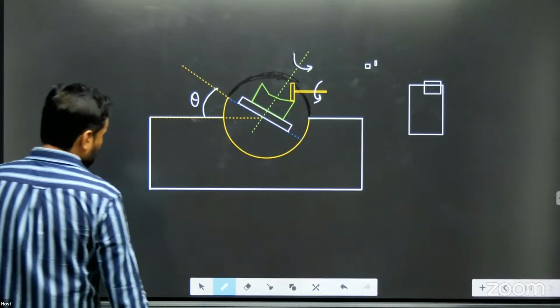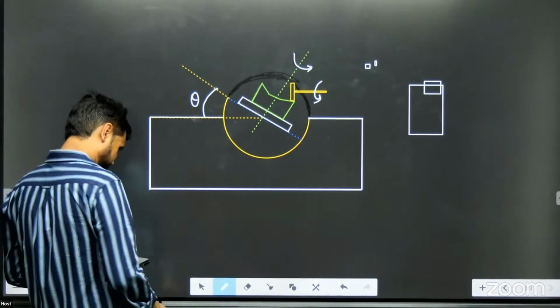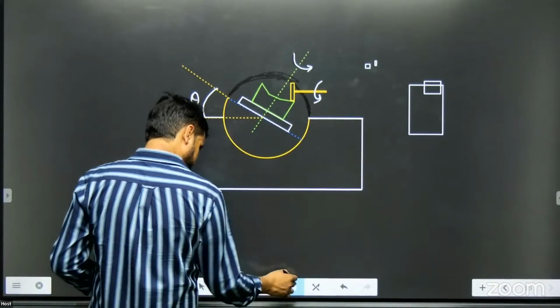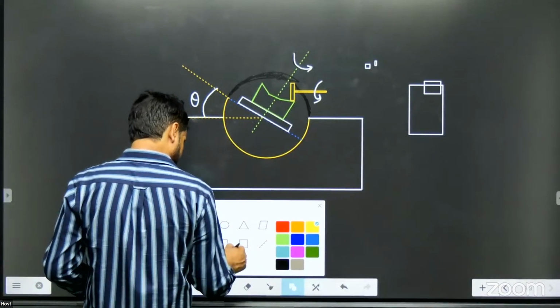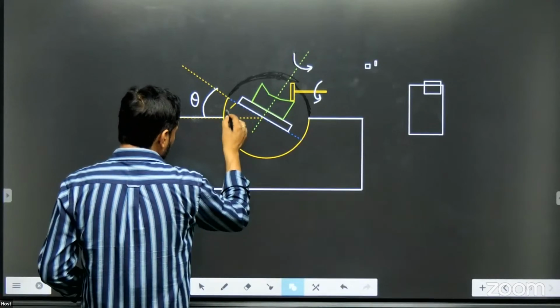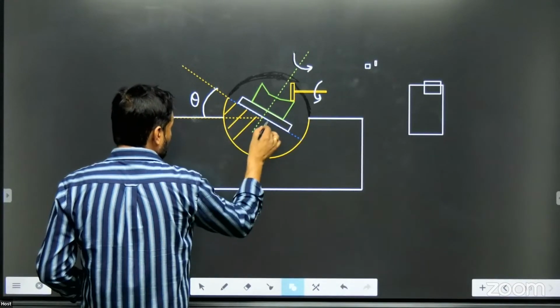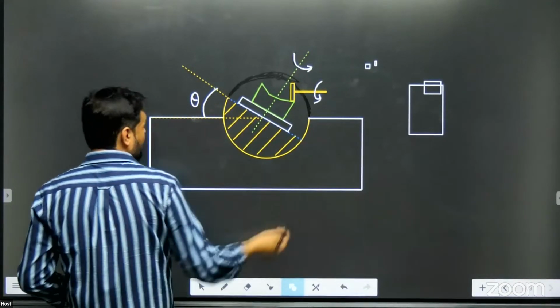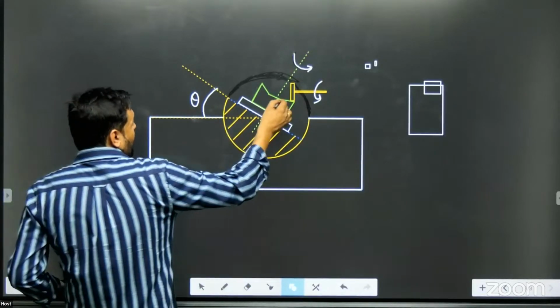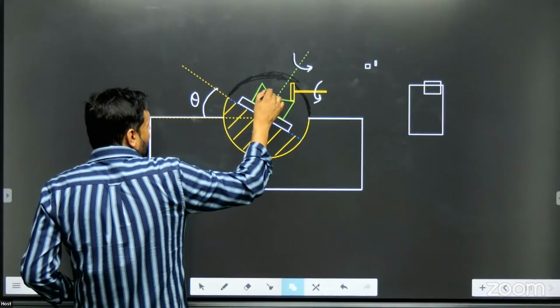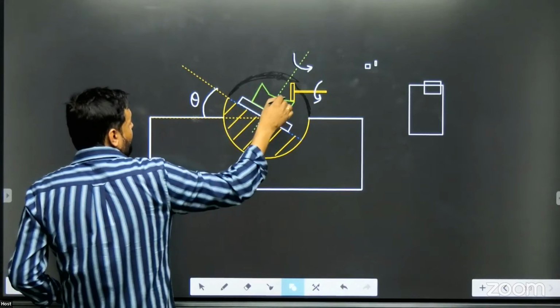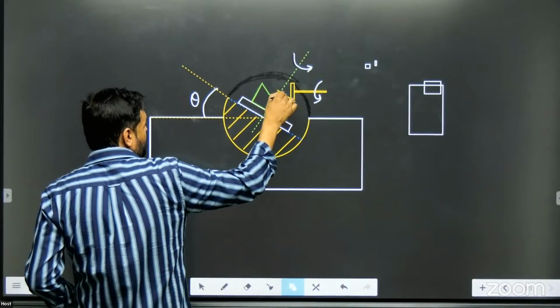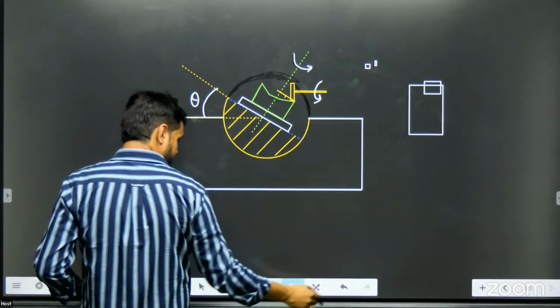So as you tilt this platform at a certain angle theta, at the same angle this taper will be made. This angle will also be theta here.